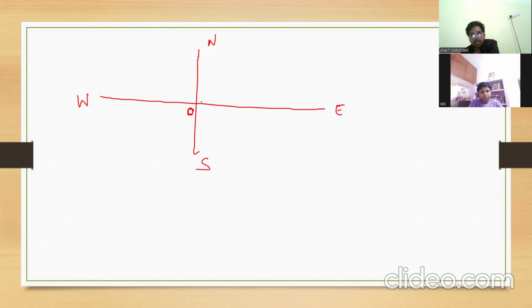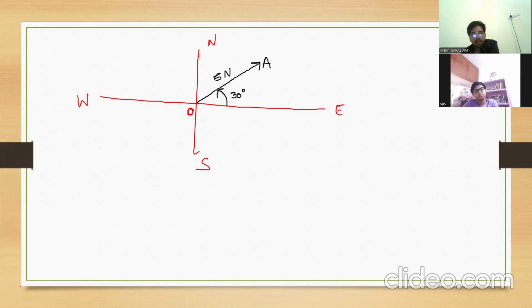If you draw a vector having length 5 Newton and it is making an angle like this, then how to read this?